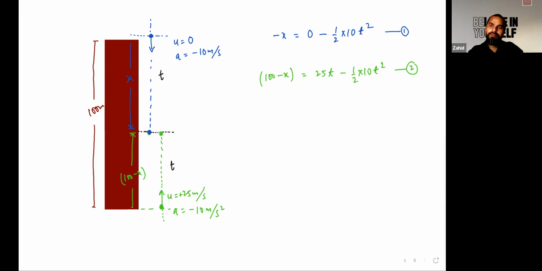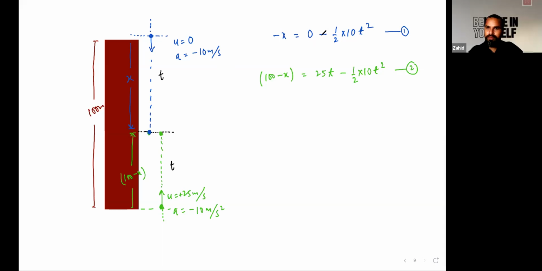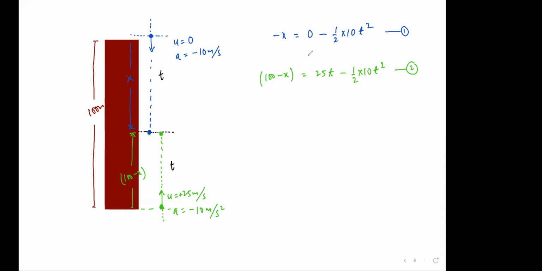T is equal to 0. No, sir. In the first equation, it will be 0t or just simply t. 0 multiplied with any number would be 0. Yes, sir. Okay.